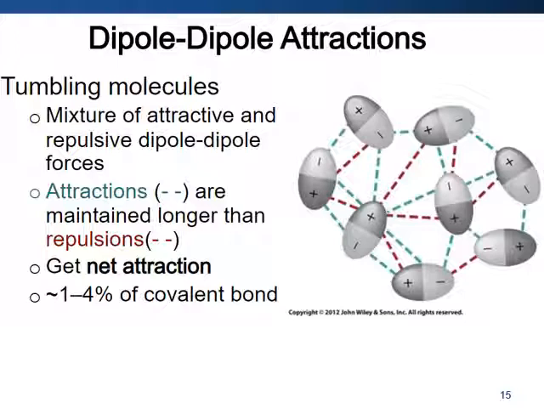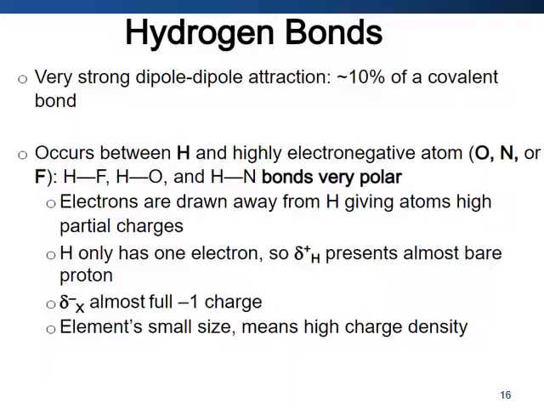This is among tumbling molecules, here and there, where positive attracts negative, and negative attracts positive. Hydrogen bonding just occurs between hydrogen and the electronegative atoms mentioned earlier, such as oxygen, nitrogen or F. Okay, so we continue with the next slide.